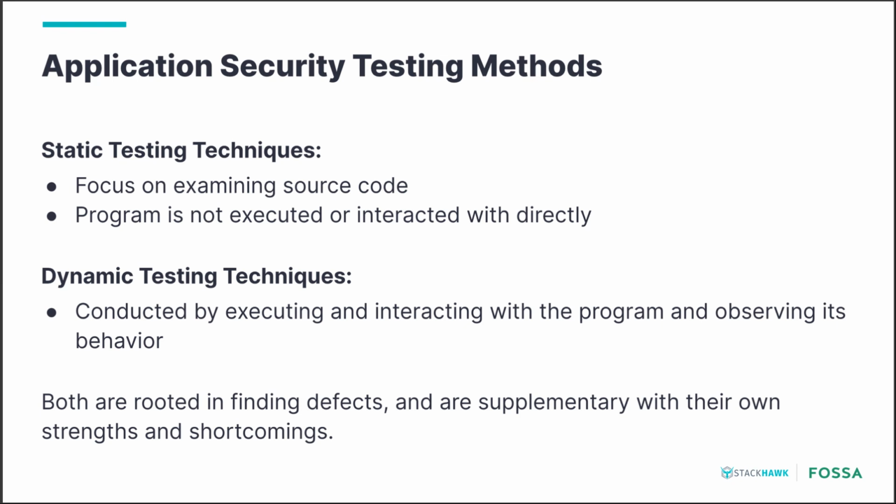The important distinction here is the program is never executed or interacted with directly. So there can sometimes be a lack of context of what's going on in the application, or how it's using data that is input by a user, or whether or not a library you're using is exposed externally in a way that is vulnerable.